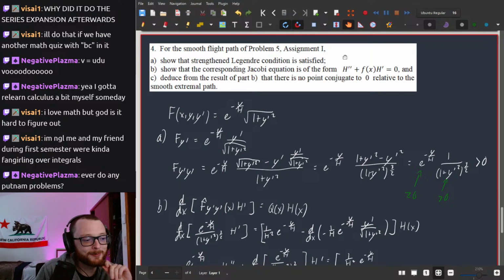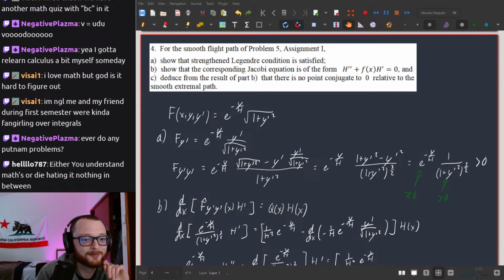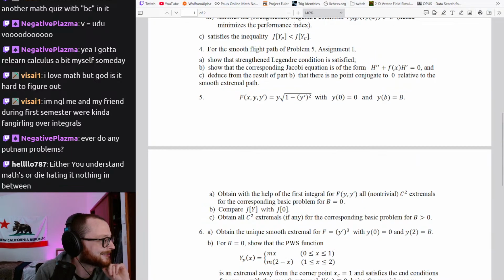No, I've had people give me Putnam problems, and I think they're terrible, and they're out of my wheelhouse, and I've never actually done one. And when I say terrible, I mean traumatic, not poorly made. If you understand math or you die hating it, nothing in between.